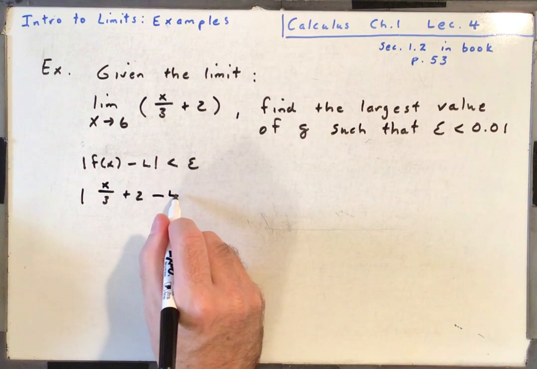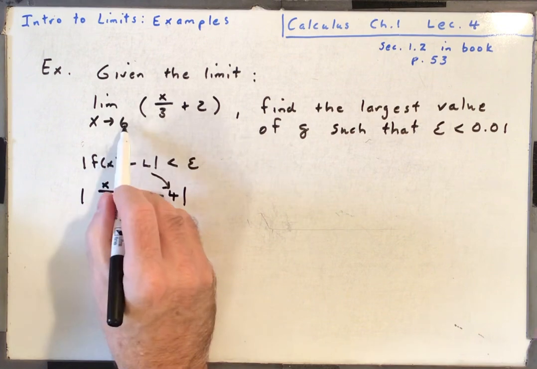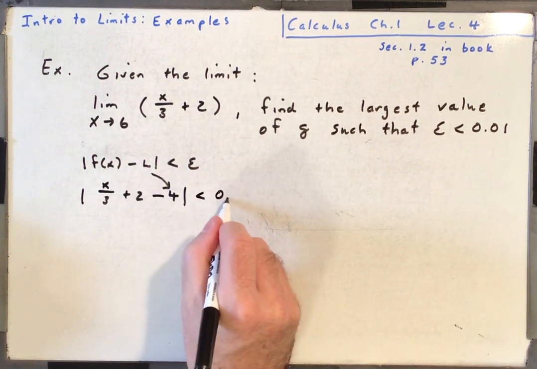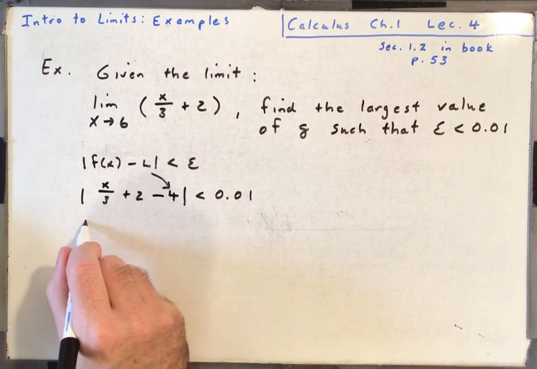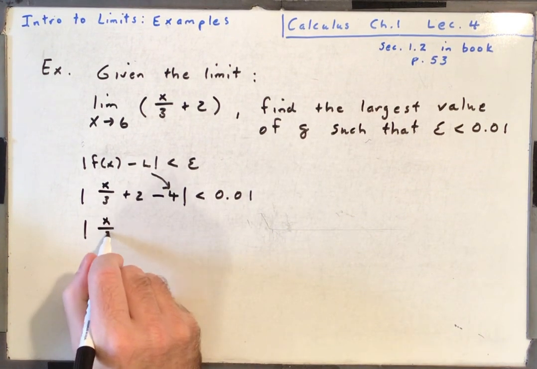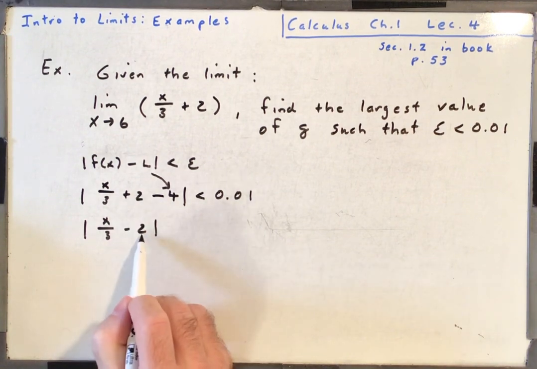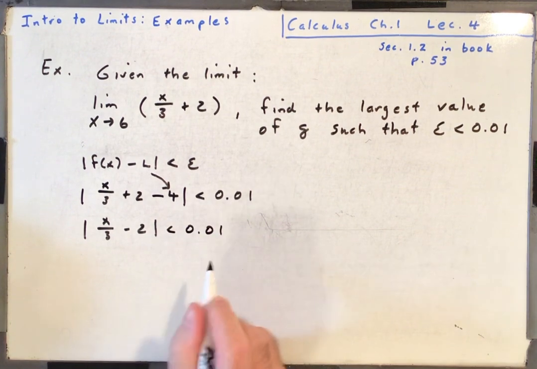The limit is 4. That comes just from plugging in 6. Less than 0.01. So that's the absolute value of x over 3 plus 2 minus 4, which is x over 3 minus 2, less than 0.01.